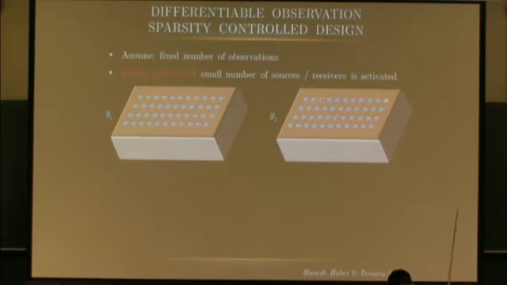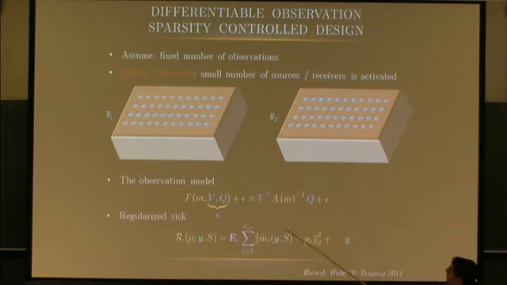So in order to incorporate that, if we look into the PDE, many problems we can write in the following form, right? The observation model will be some sampling operator. This is the differential operator whose inverse is applied upon our sources.